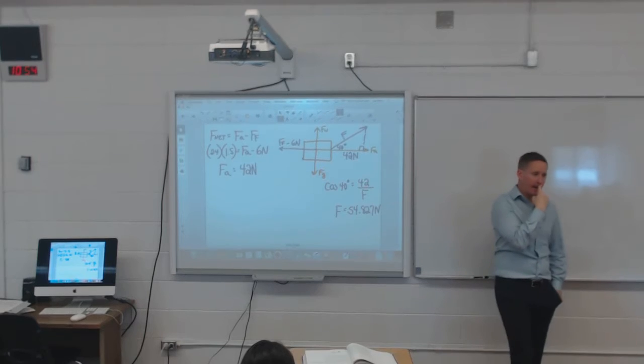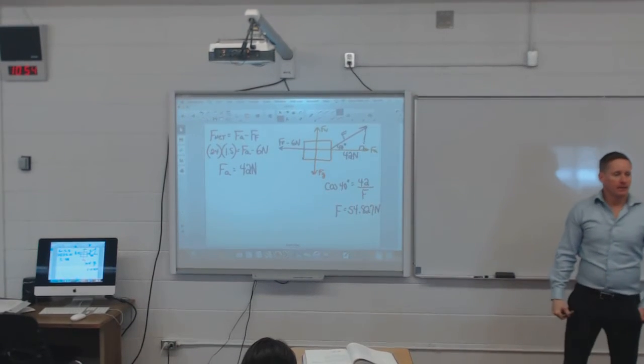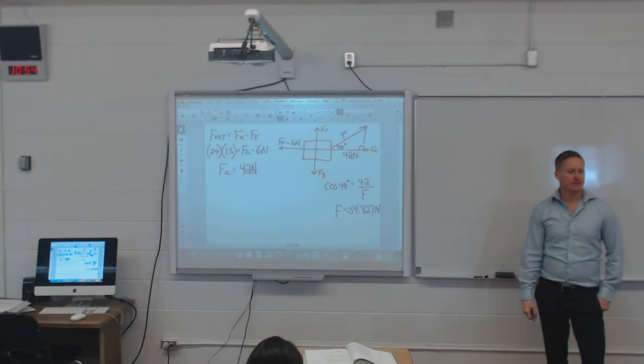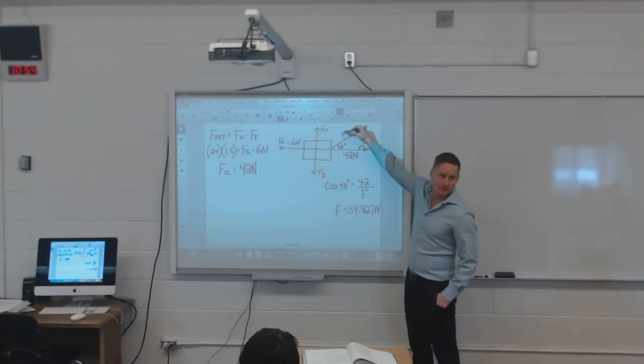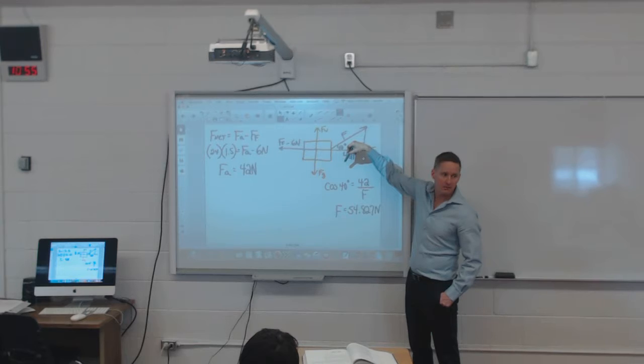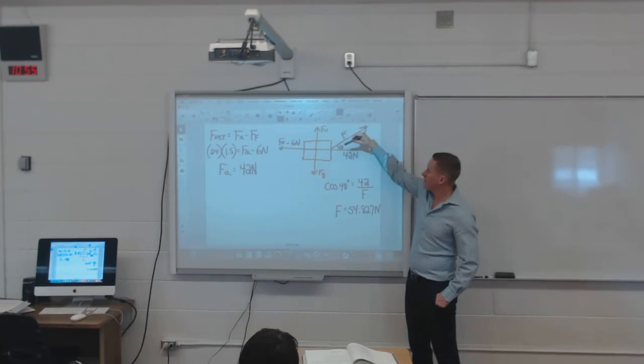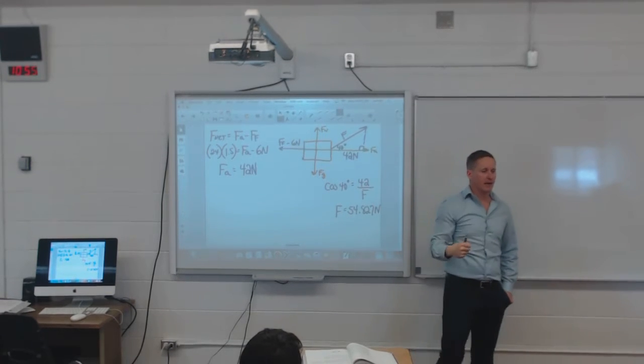There's your answer. Yes, Barry? Are you trying to find the length of that? I need this right here. That's my hypotenuse. This side's adjacent to that angle. I want this. That's the force that I'm pulling on the handle.